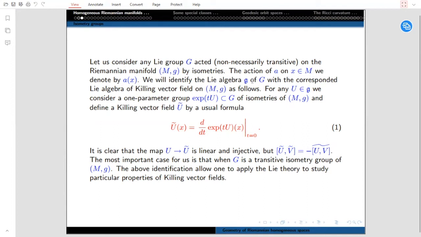Yuri, just one question from Boris. He is asking, do you assume that G is compact? M is compact? Not necessarily. Because your definition of homogeneous, in one case it's homogeneous and the other is like almost homogeneous or locally homogeneous, right? When you switch from Lie group to Lie algebras, it's not equivalent, right?